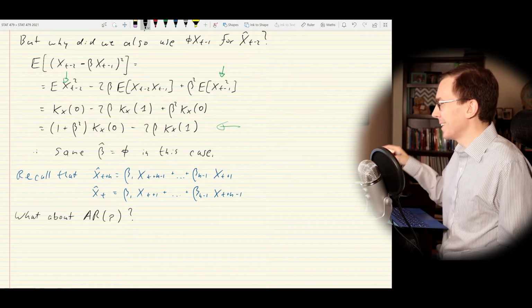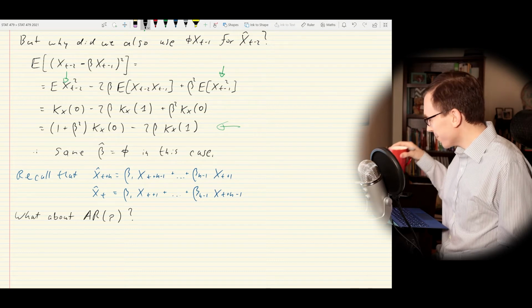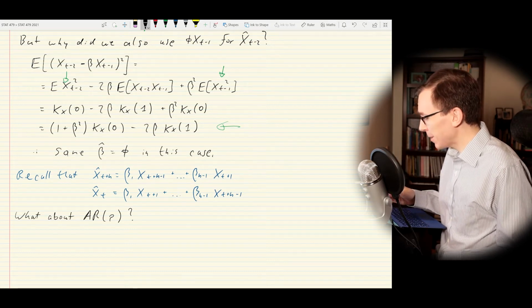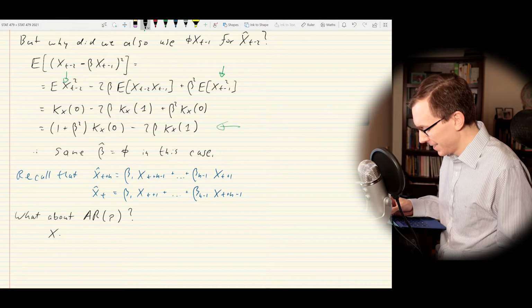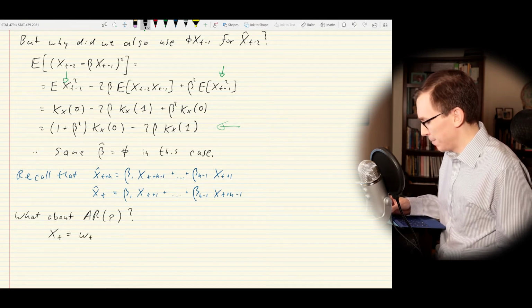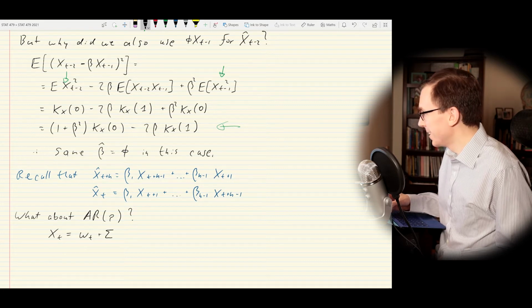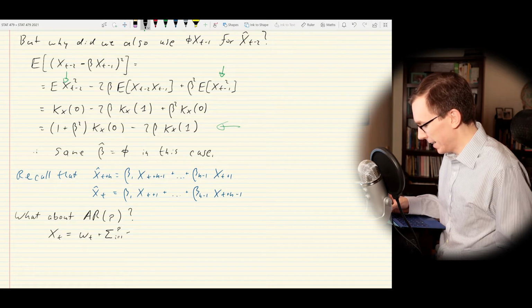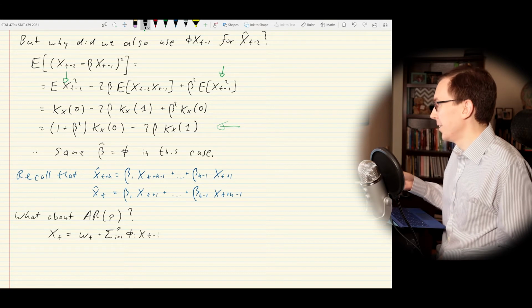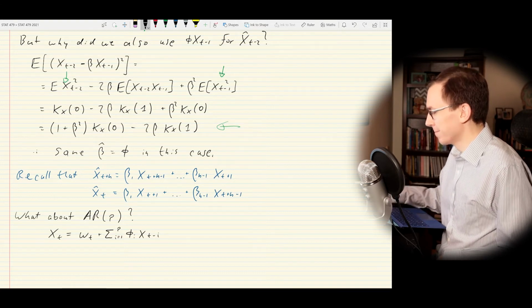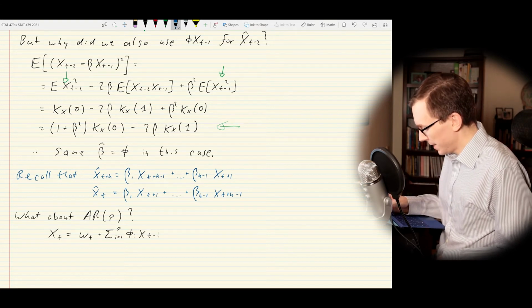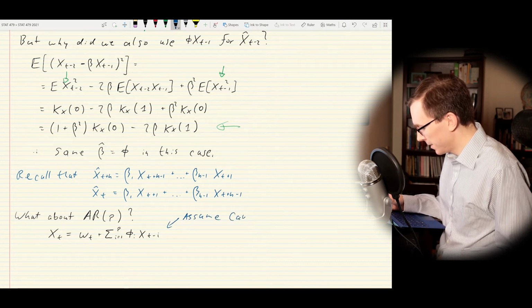But anyway, what we have here is x_t is going to be white noise, W_t, plus the sum over i from 1 to p of phi_i x_{t-i}, where we assume causal.